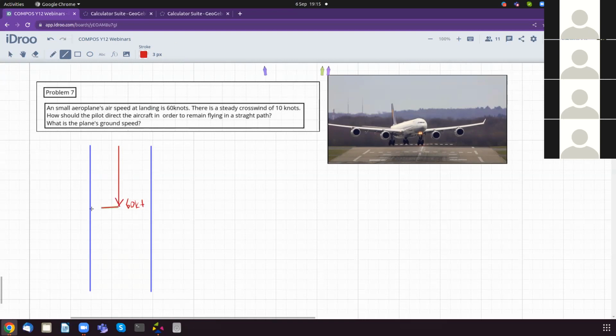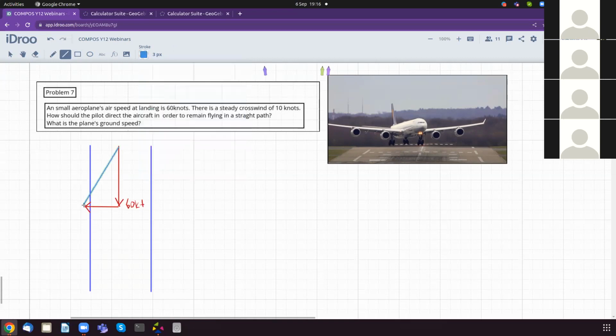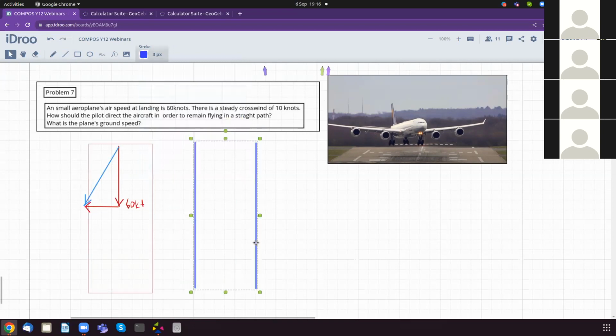So the crosswind is like this, of 10 knots. This would result in the plane flying like this, which is not good. If you ask any pilot, that's not the way to go. So this is not good.